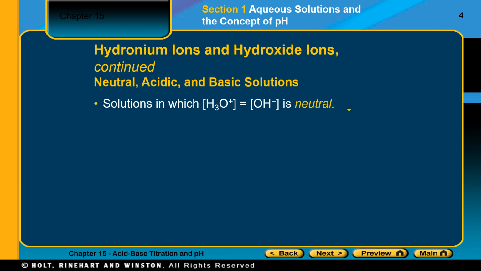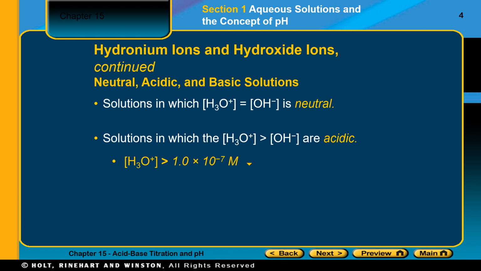Now, in solutions in which the two concentrations are equal to each other, they're neither acid nor base, and we refer to them as being neutral. So the two concentrations are equal when the solution is neutral. A solution in which the hydronium ion concentration is greater than the hydroxide ion concentration is considered acidic. It's acid-like. Mathematically, the hydronium ion concentration, H3O plus in brackets, is greater than 1.0 times 10 to the minus 7 molar. So anytime that concentration is more than that, it's going to be acidic.